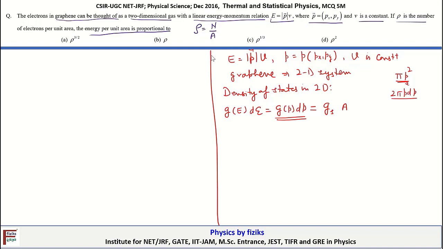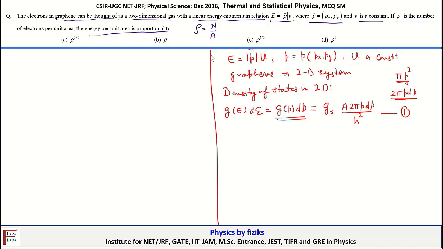So when we differentiate it with respect to p, we obtain the density of states over the momentum interval p to p plus dp, or in other words in the energy interval E to E plus dE. Okay, so here I'm going to write 2 pi p dp divided by the volume of one unit cell in the phase space, that is h square. Okay, so let's call this our equation 1.